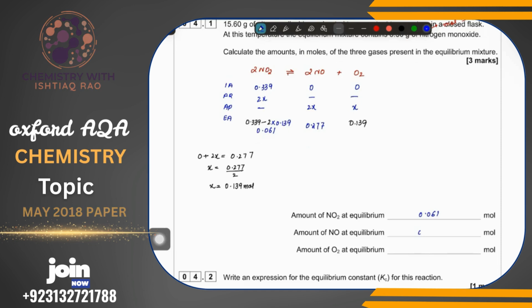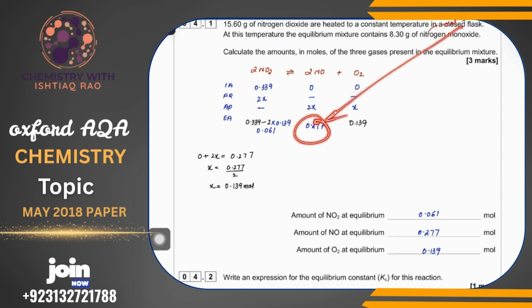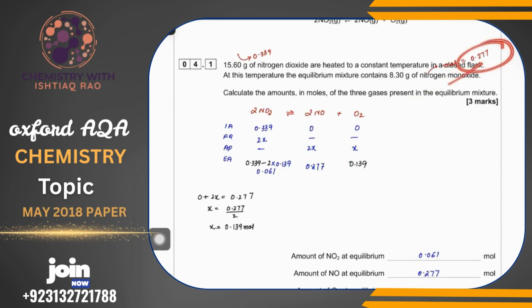NO at equilibrium is 0.277, and O2 is 0.139. Sir, don't you divide that 0.277 by 2? No, it's already given. Then why did you do that for the 2NO2?